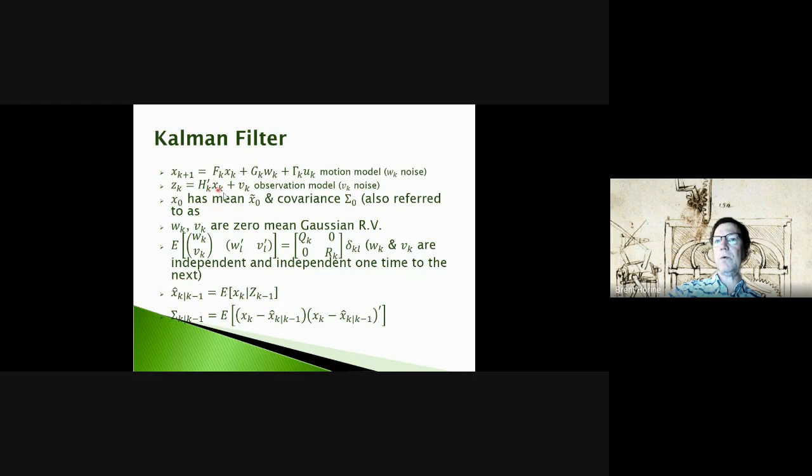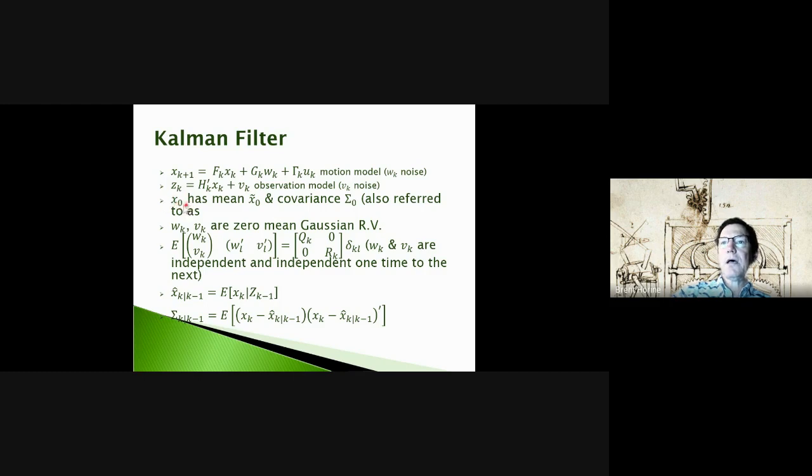So now we have this actual position or state, and now we're going to measure that using this H'_k, and that's kind of your sensor transform function, along with the sensor noise, right? And that's going to produce our estimate or observation of where we're at, right?